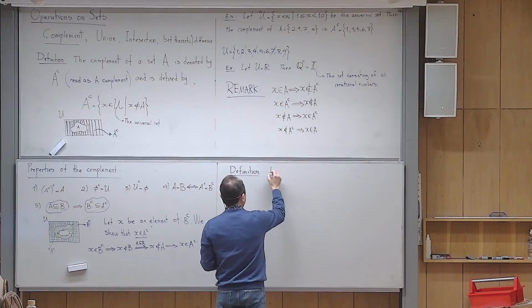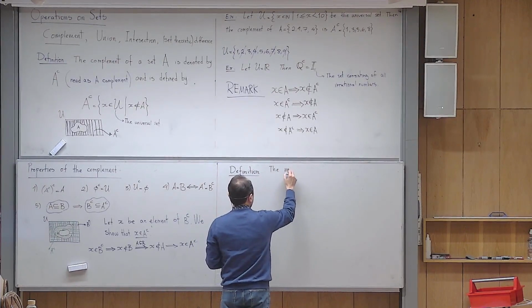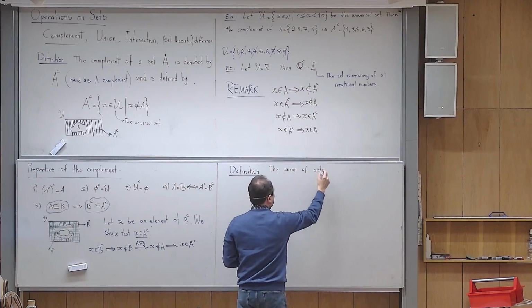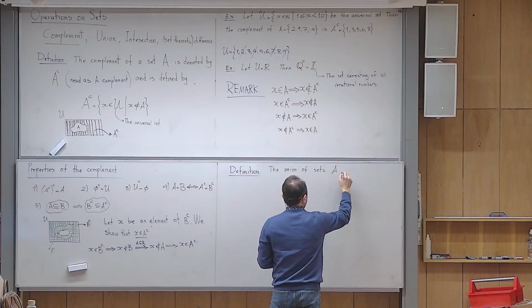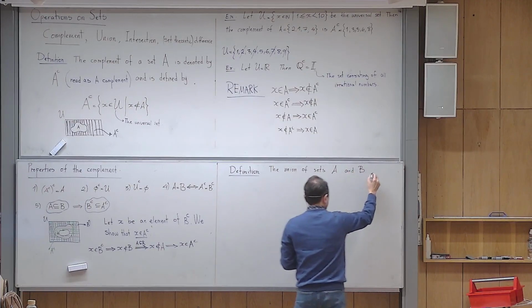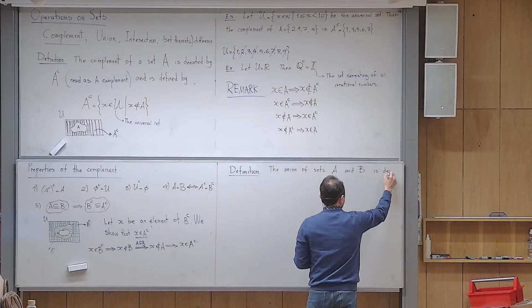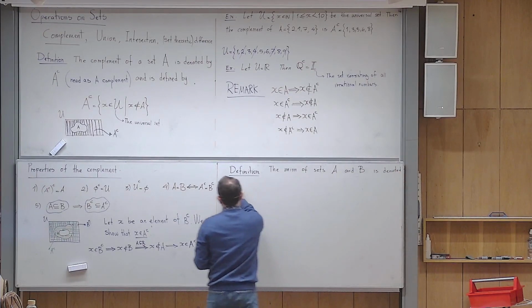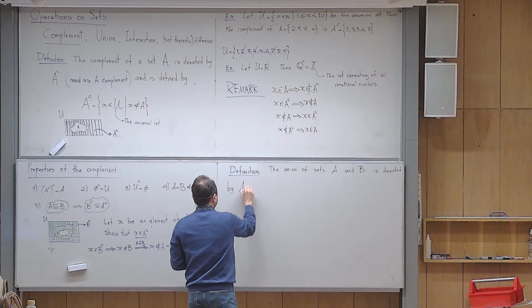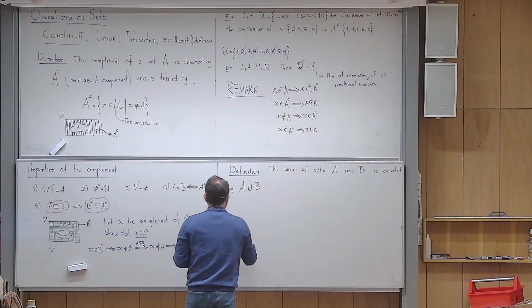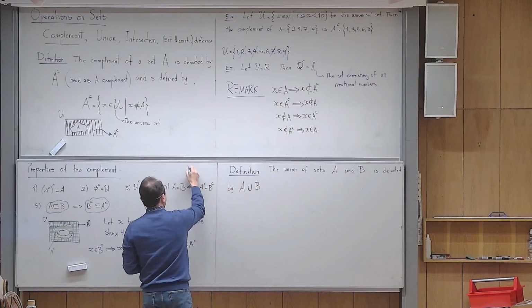The union of sets A and B is denoted by this symbol we use: A, and then this, and then B. Some of you are doing LaTeX, so this is called cup.